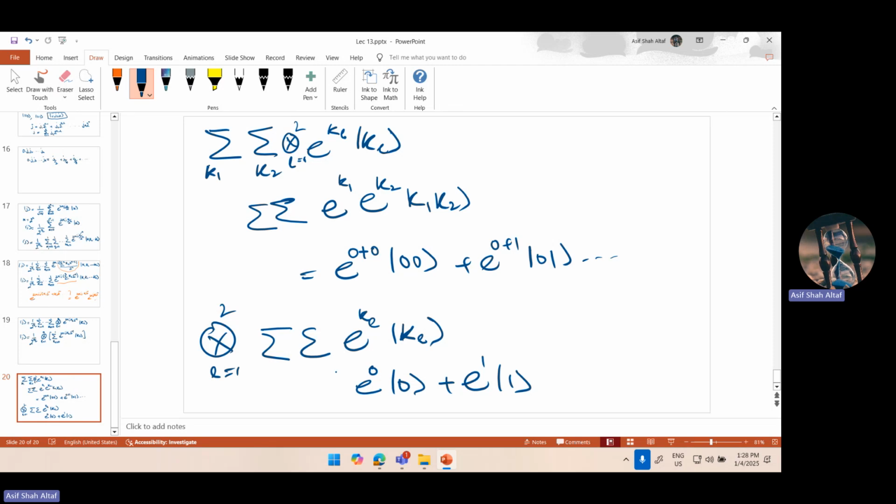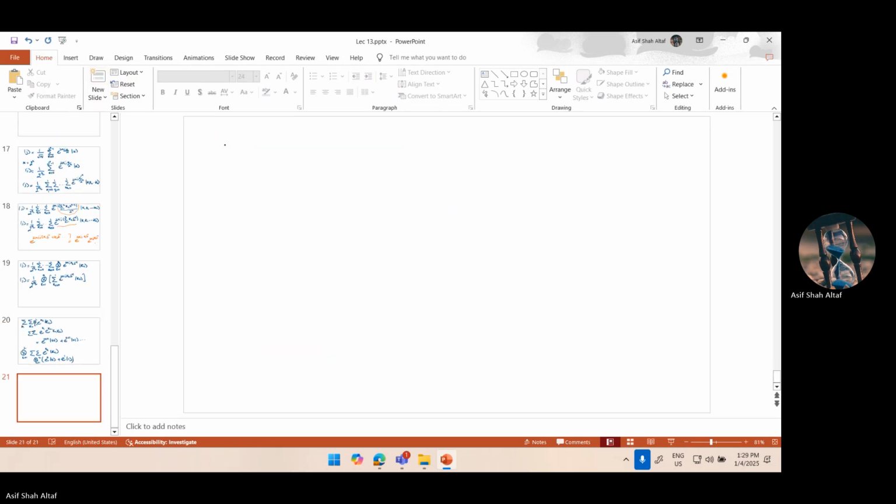Okay, and then there will be a product also L equal to 1 to 2. So finally, when I evaluate it, this will be like e to power 0 plus e to power 1. Let me show it on the next page. So if I evaluate it, what I will then get is something like this.